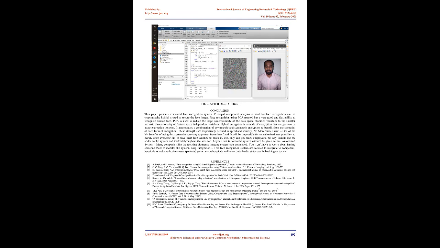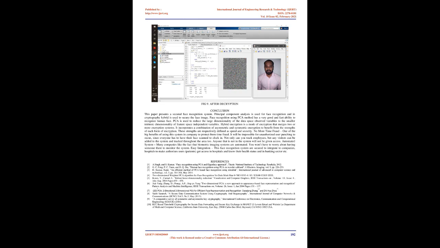Conclusion. This paper presents a secured face recognition system. Principal component analysis is used for face recognition, and in cryptography, hybrid encryption is used to secure the face image. Face recognition using the PCA method has a very good and fast ability to recognize human faces.